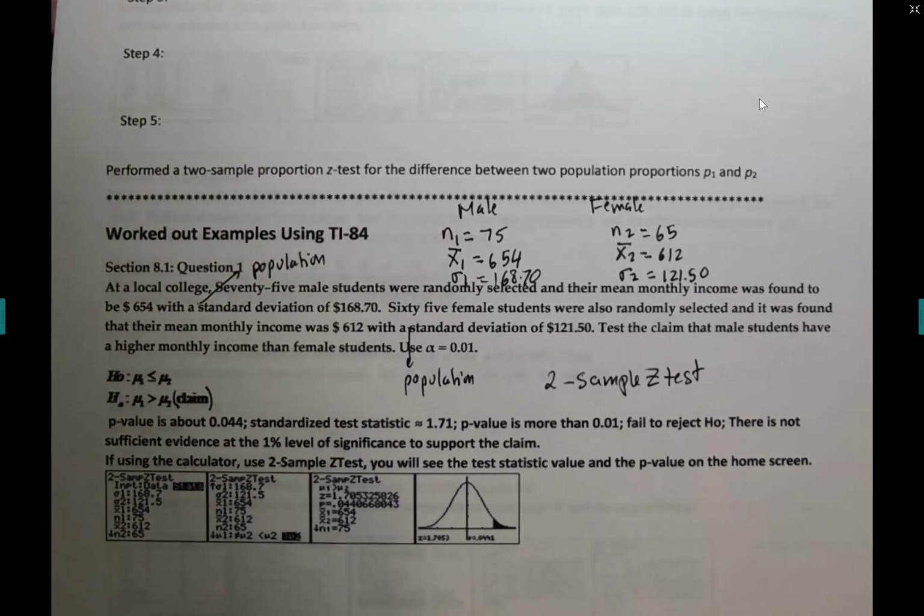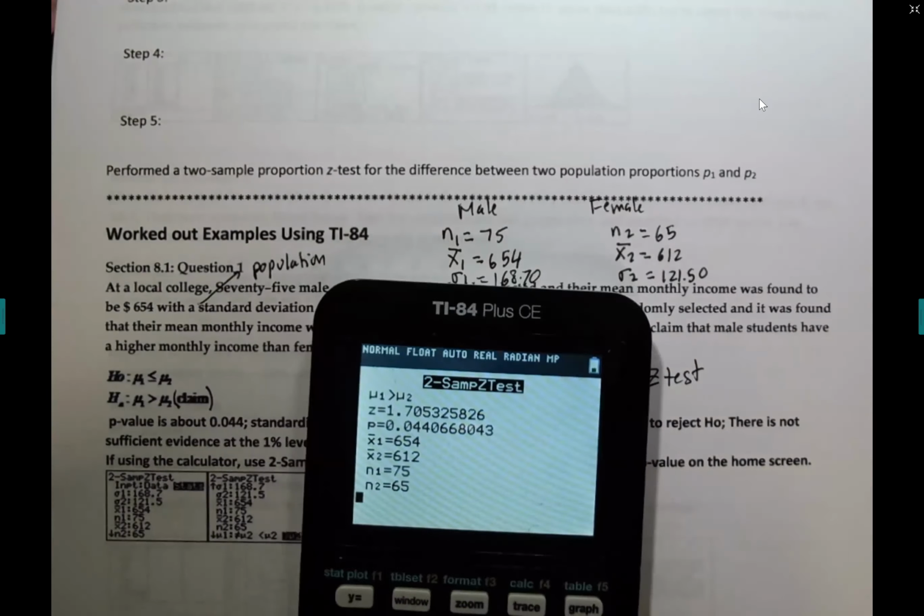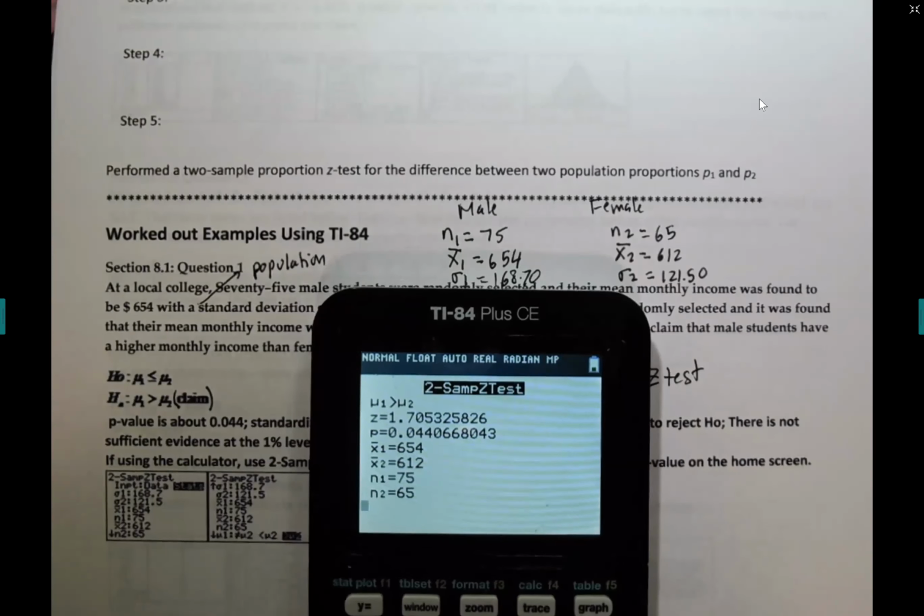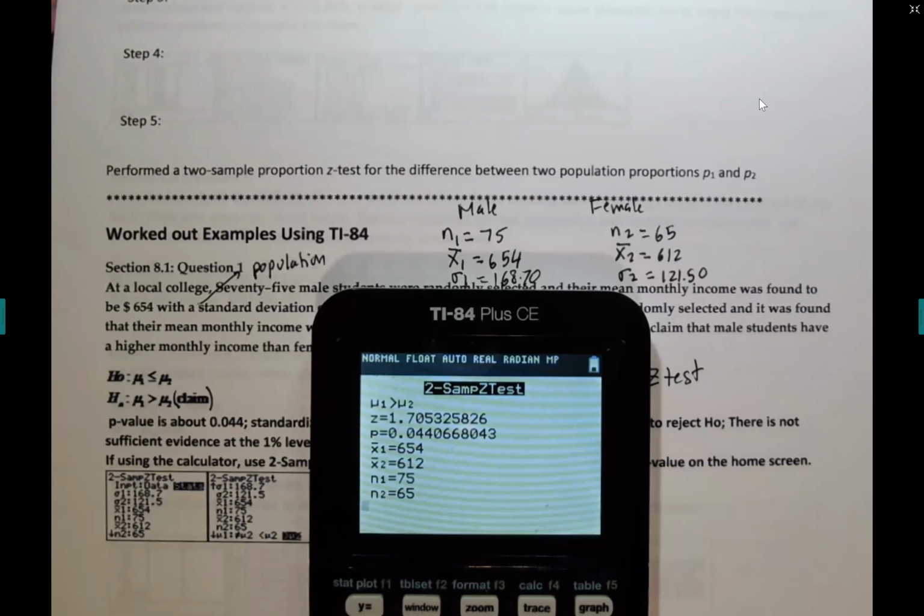I have a question. If you accidentally swapped the data for 1 and 2, would it become the same answer or no? What do you mean? If we accidentally put in the female information as N1? No, it will be wrong. You will need to test that the females make less than the males. Does that make sense?